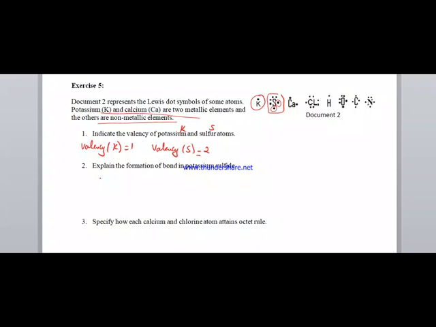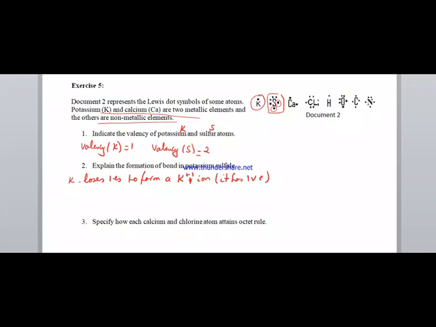Explain the formation of the bond in potassium sulfide between these 2 elements. What is the type of bond? Since potassium has a valency equal to 1, potassium loses 1 electron to form a potassium ion K+, since it has 1 valence electron.